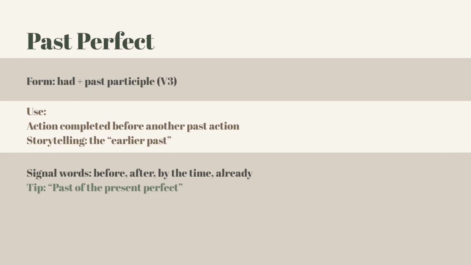It's not very complicated, but let's just give a few more examples for us to be a little more clear in our minds. Let's say that she had already left when I arrived. It's actually a very nice example.